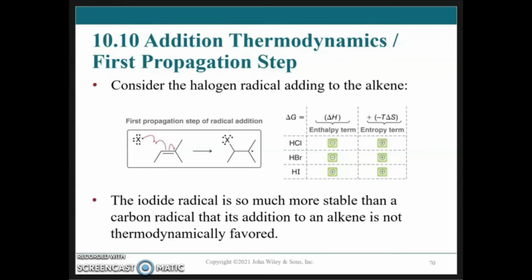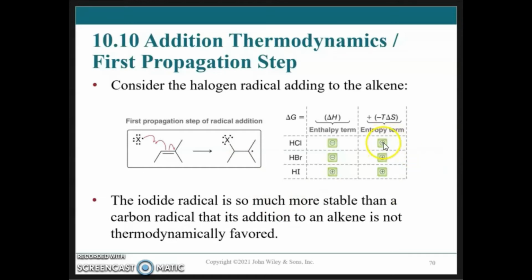So we're going to look at the two propagation steps one at a time. So let's consider the halogen radical adding to the alkene. We have two species combining to form one species. So the level of order is increasing. So there is a decrease in entropy.